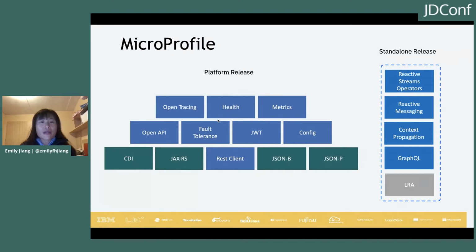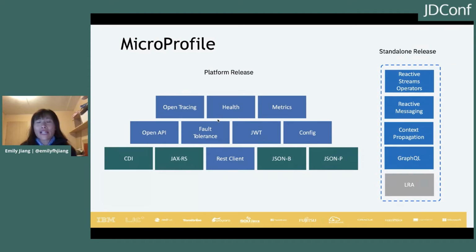So this is a quick look at the building blocks of MicroProfile. It has 4 specifications borrowed from Jakarta EE: CDI, JAX-RS, JSON-B, and JSON-P, and it also created its own 8 specifications. These 12 specifications form the platform release.